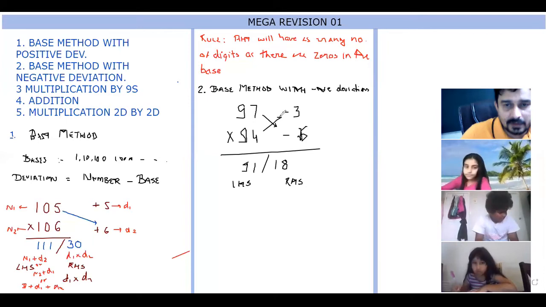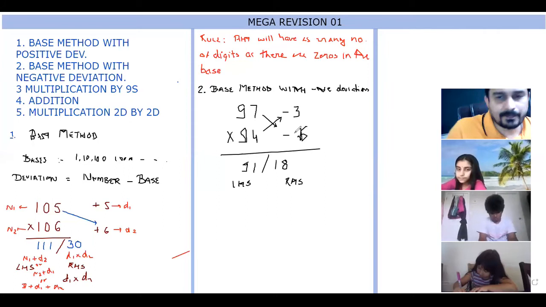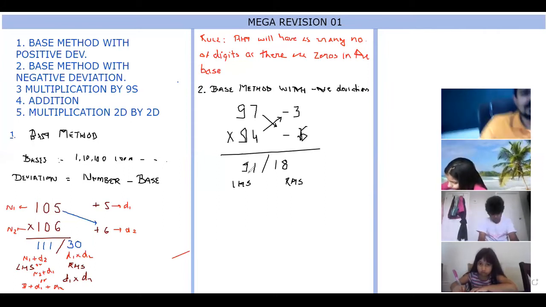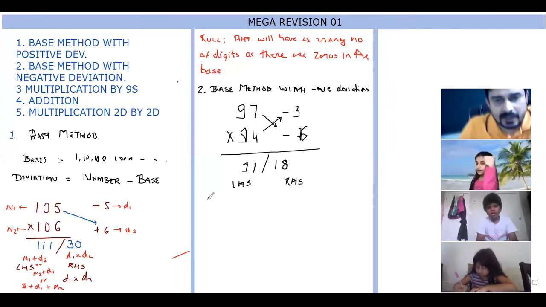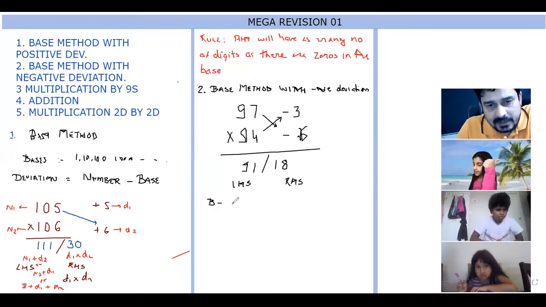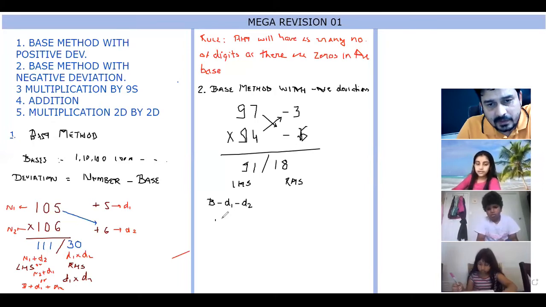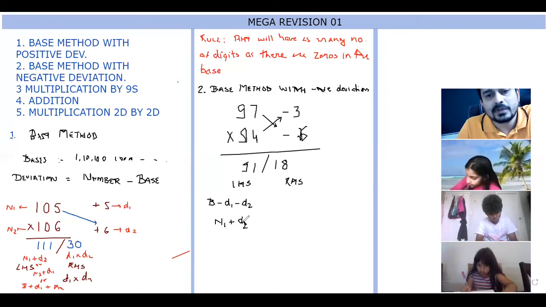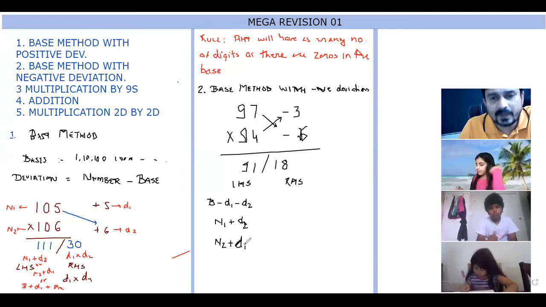This is also 91, or base plus deviation 1 plus deviation 2, or N1 plus D2. Here plus D2 simply means minus 6, or N2 plus D1. Got it?